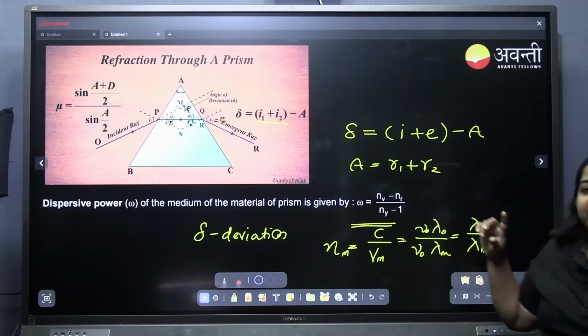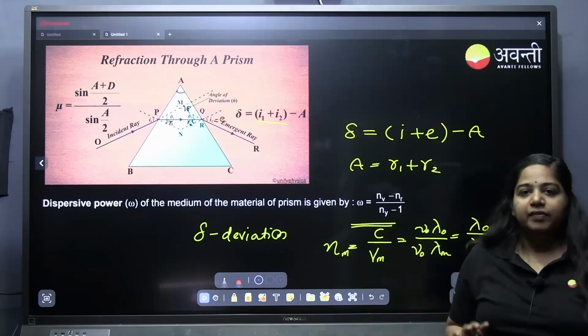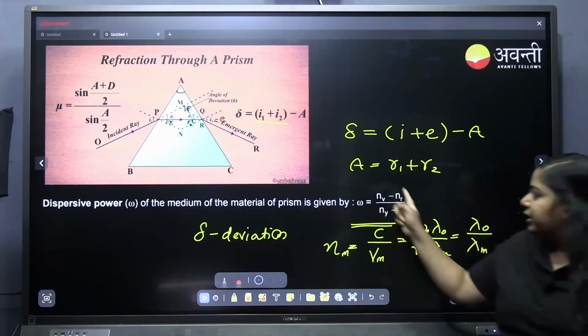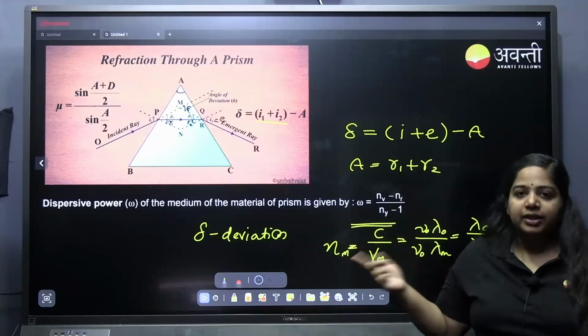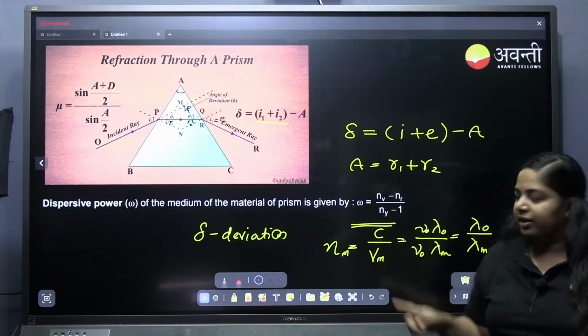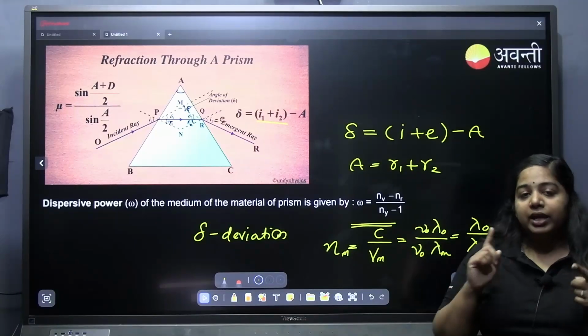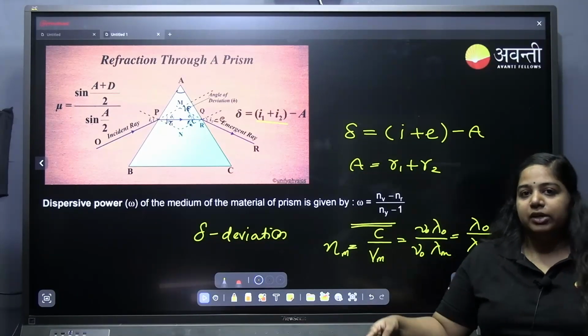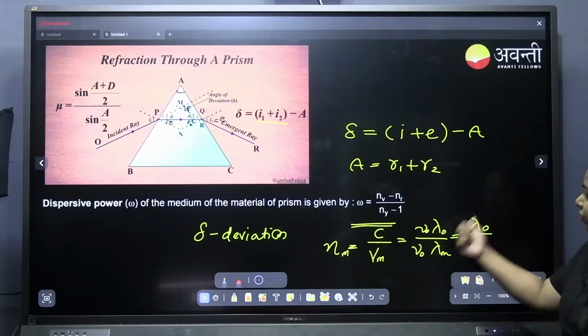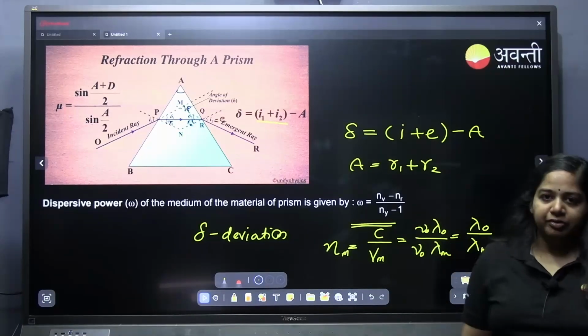Understood? So when wavelength changes, refractive index should change, because for violet light the wavelength is different, the wavelength ratio will be different. For red light the wavelength ratio will be different. Similarly, for each particular radiation, depending on wavelength, refractive index will be different.